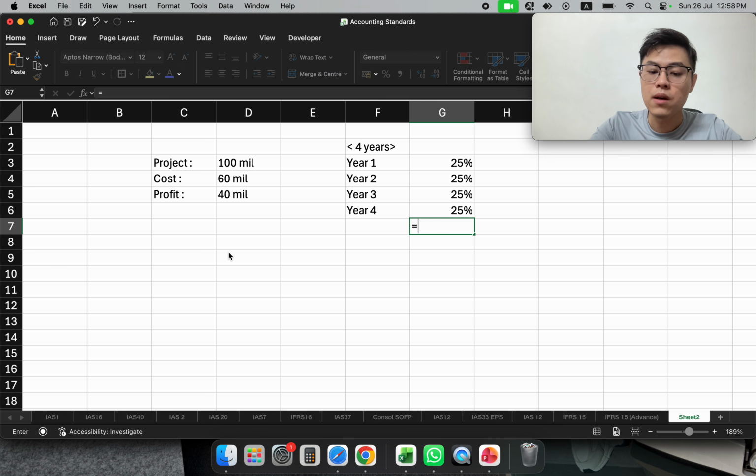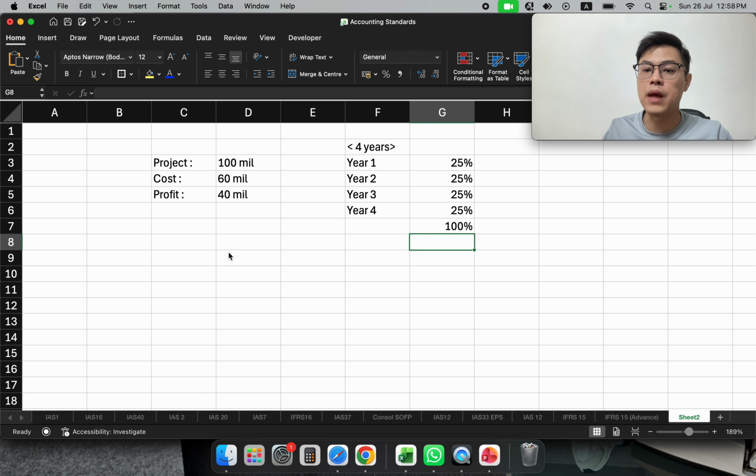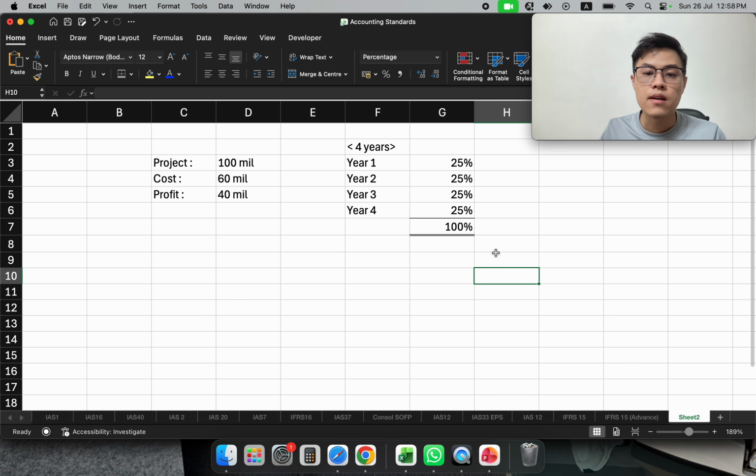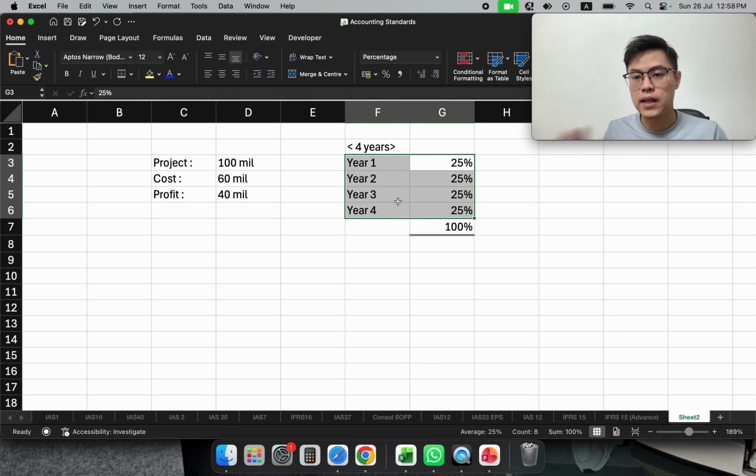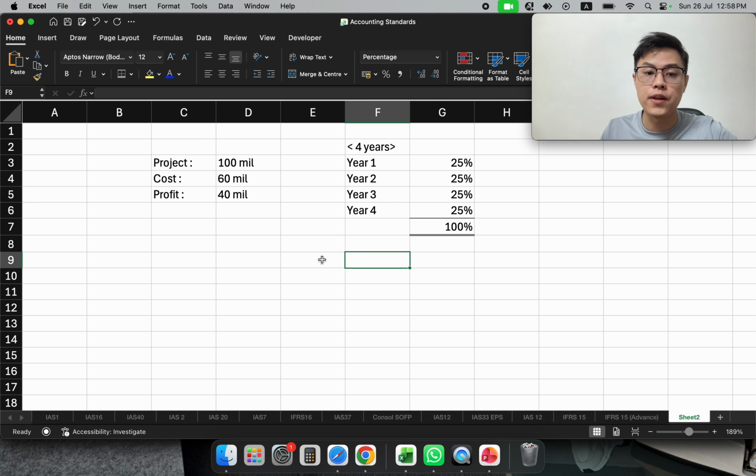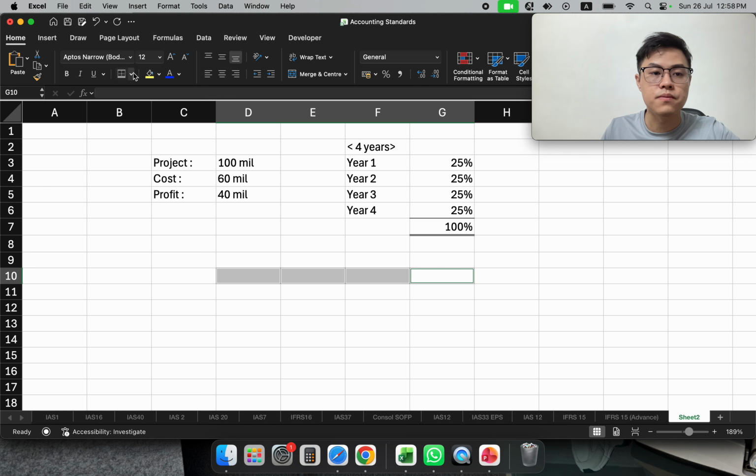So ultimately, when I arrive at the end of year 4, it will be 100% full completion. According to this trend, how are we going to recognize our revenue? Assuming it's equal over 4 years, this is year 1, year 2, year 3, year 4.